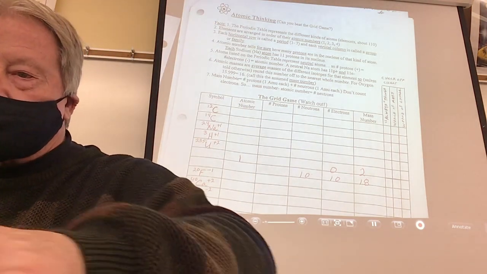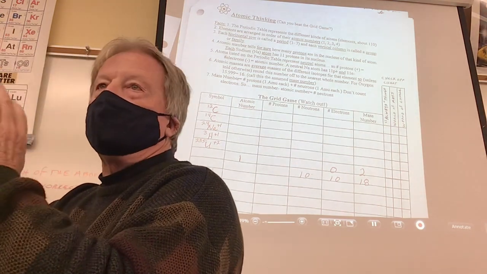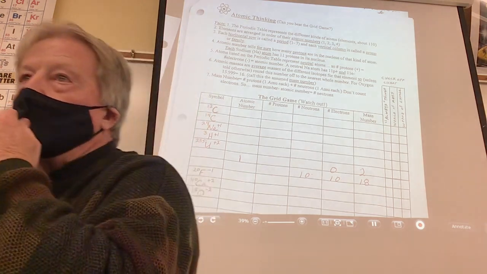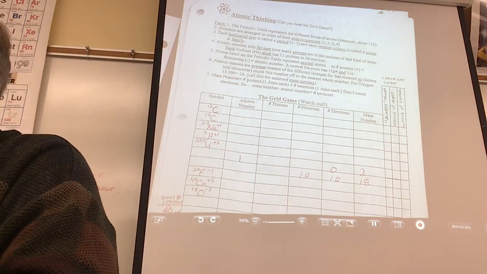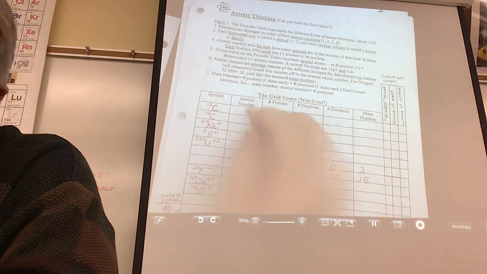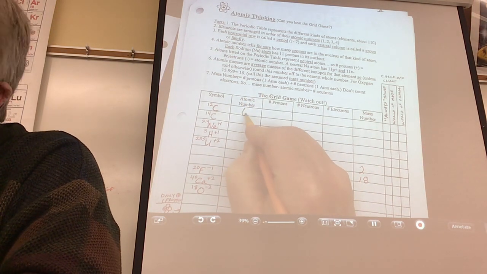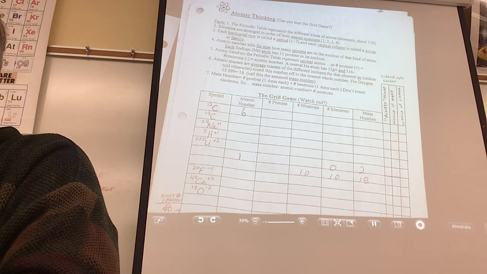Here are the alwayses. When I look at the periodic table, capital C will always have what atomic number? Look up there. What should I put here? Let me use a different color. I promise you, carbon will always have the atomic number 6 on the periodic table.